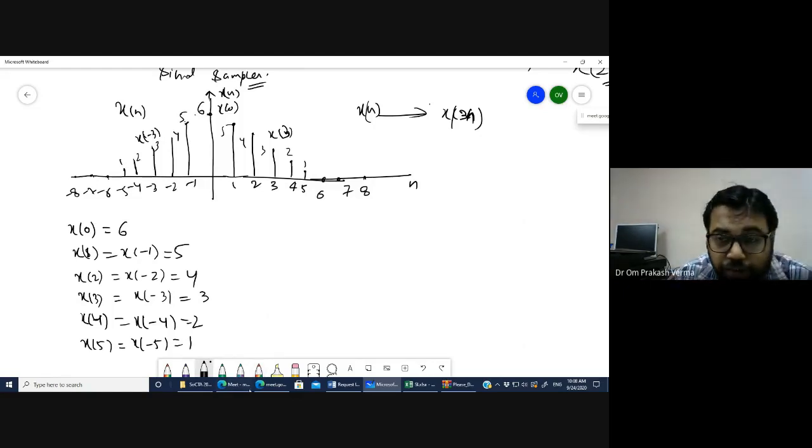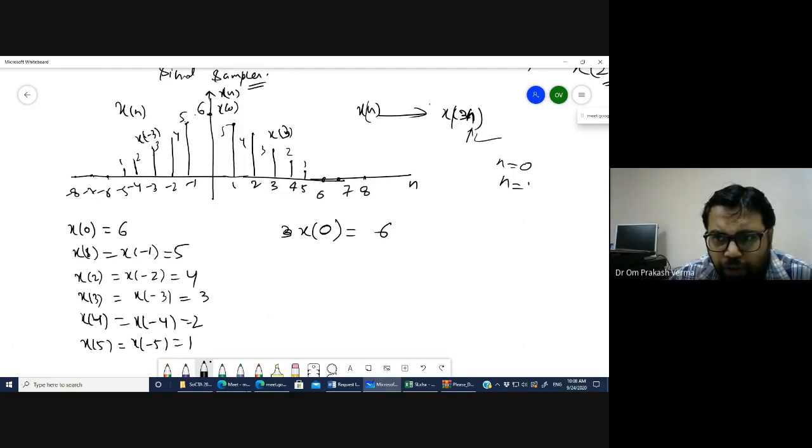Now I want x of 3n. When we take n equal to 0, it becomes 0 when you multiply, and the value of x0 is 6.